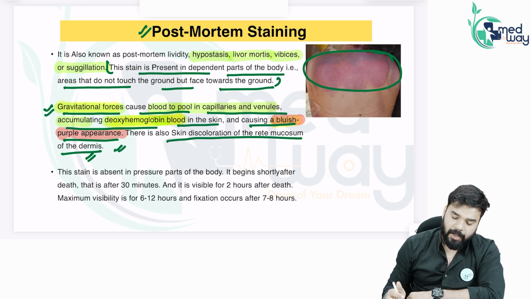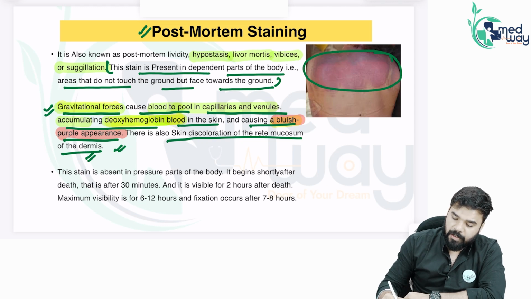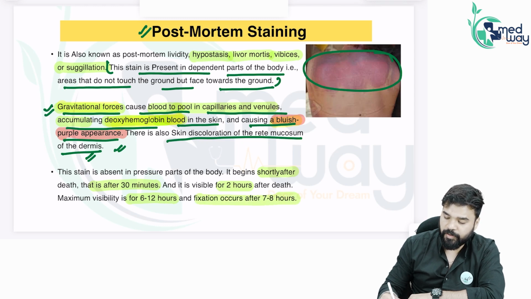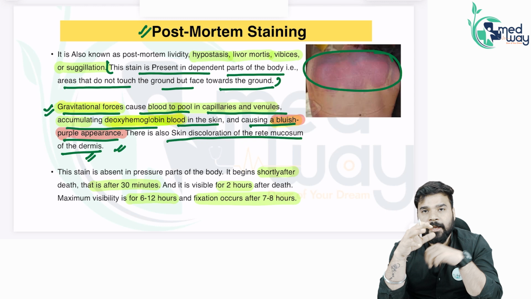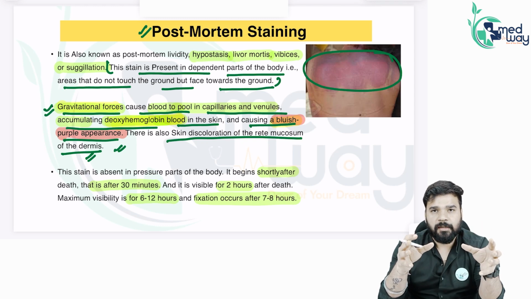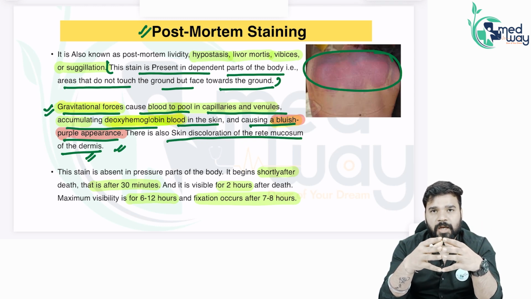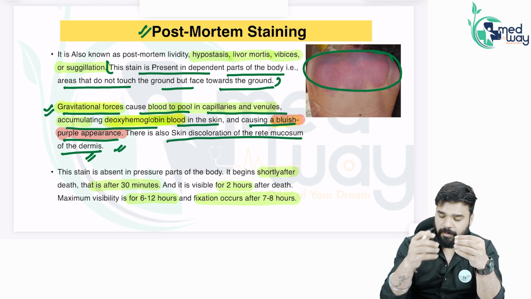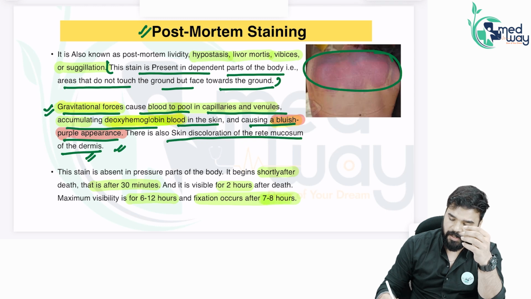Okay. Now it will start as soon as death occurs, and it is visible in 2 hours of death, and maximum visibility will be in 6 to 12 hours, and fixation occurs after 7 to 8 hours. So PM lividity will start after 30 minutes of death, and it will be visible on the body in 2 hours, and fixation will be in 7 to 8 hours.